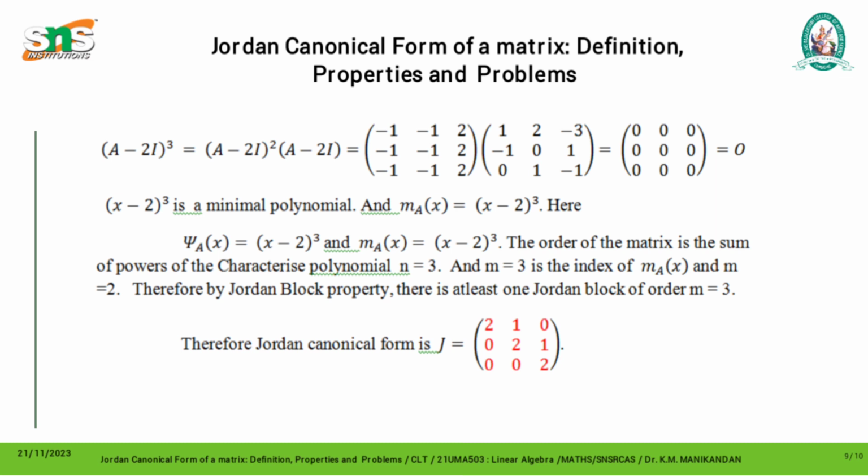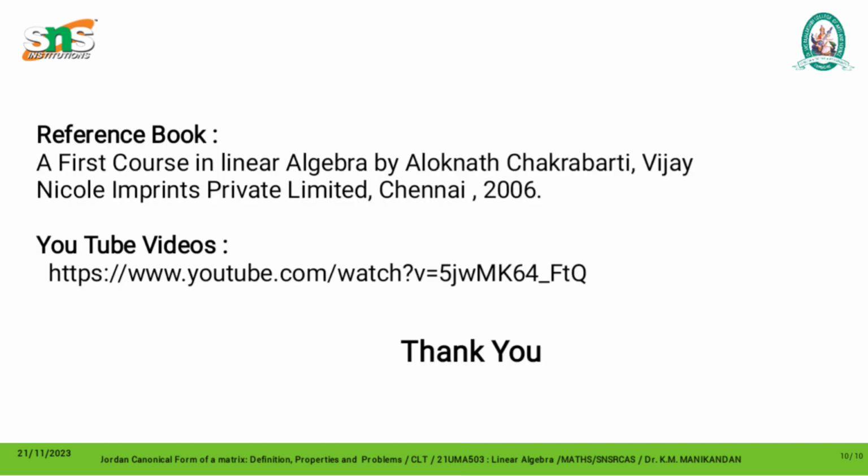The diagonal entries are 2, 2, 2, and above the diagonal the entries are 1, 1. The remaining elements are 0. We have formed the Jordan canonical form for the given matrix. So dear friends, I hope that you understand the Jordan block concept well. Thank you.